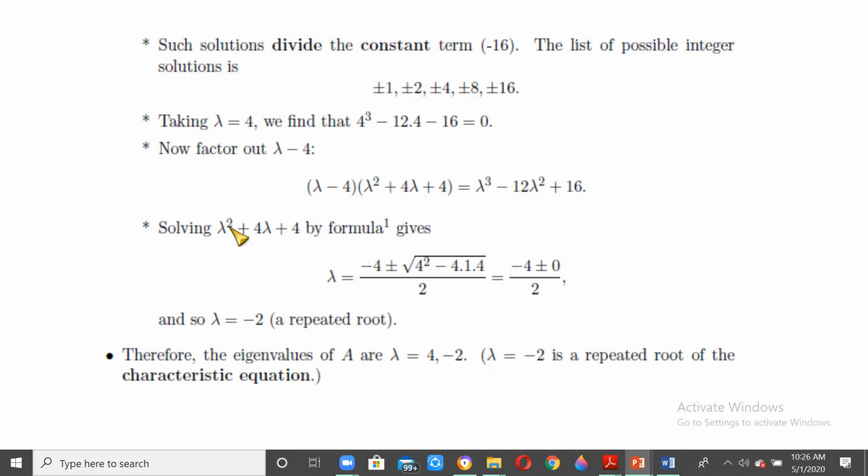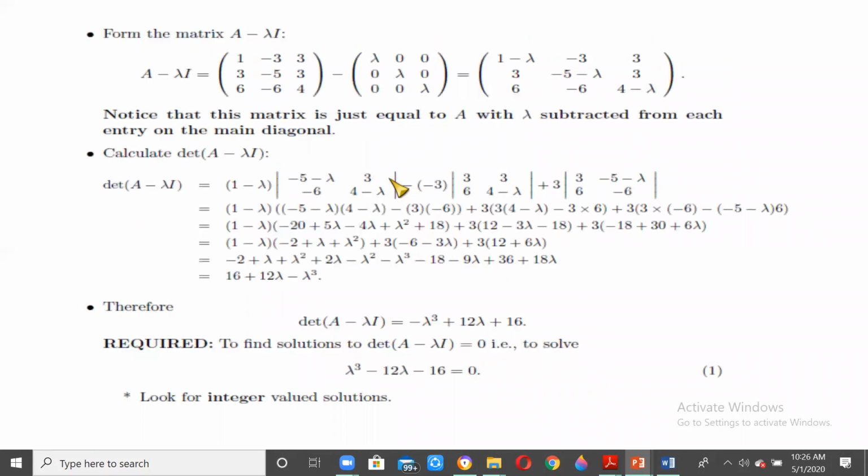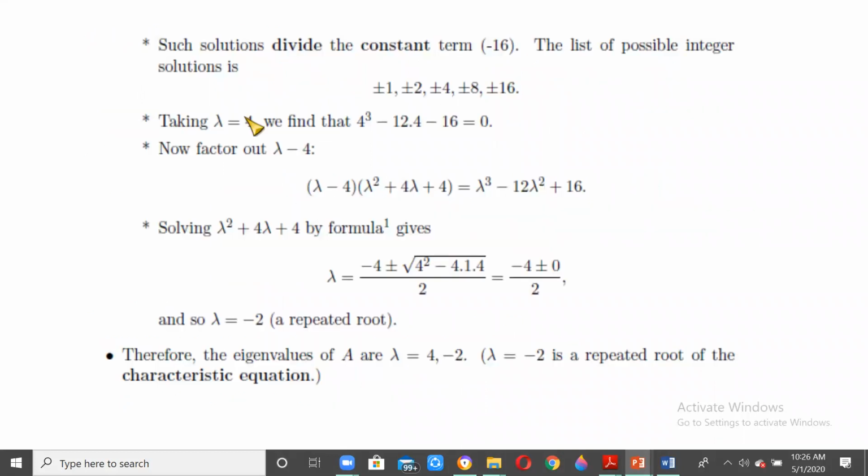In place of x, you have a lambda, that's all. Whatever we have here is a cubic equation, and if you get this value, then that is the factor over here. If you divide the cubic equation which is already given by it, you are going to get a quadratic equation.